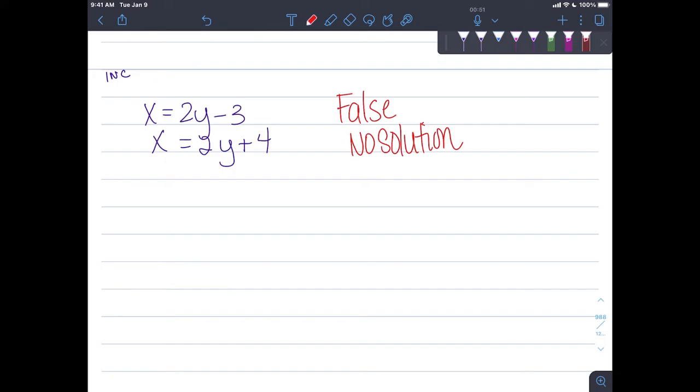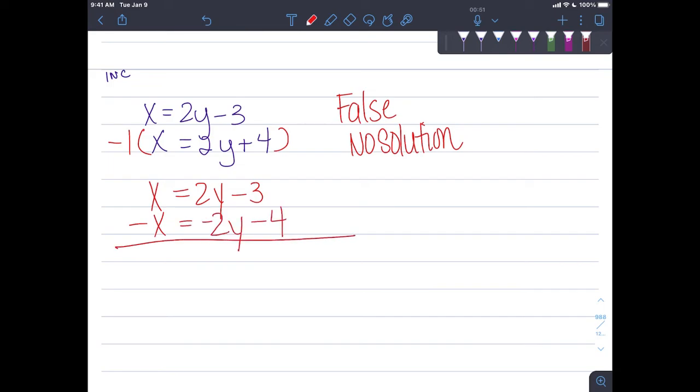Or I could go ahead and use elimination if I wanted to as well. So I'm going to go ahead and I'm just going to multiply this bottom one by -1. I end up, after I copy this top one, with this.